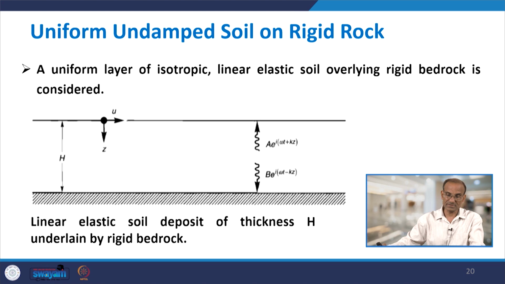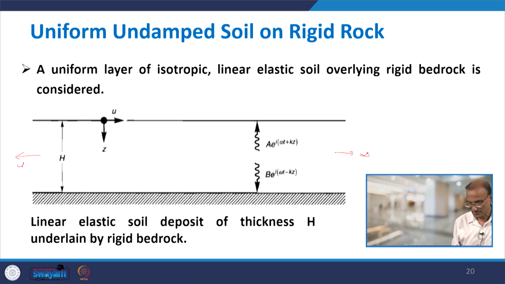Let me tell you what the issue is here. You have a uniform layer of isotropic linear elastic soil overlying rigid bedrock. The thickness of this soil layer is H, and as we discussed for the assumption of 1D analysis, this layer extends to infinity in both directions.